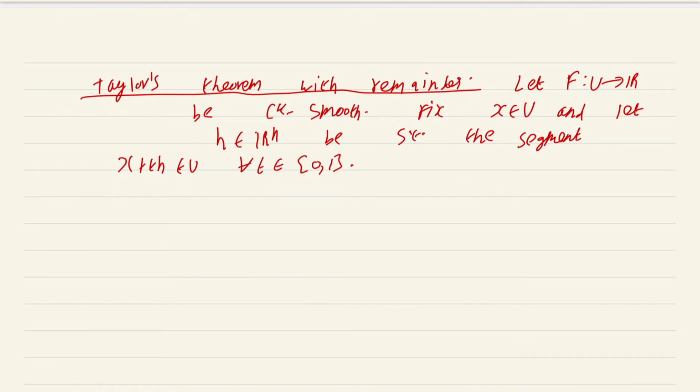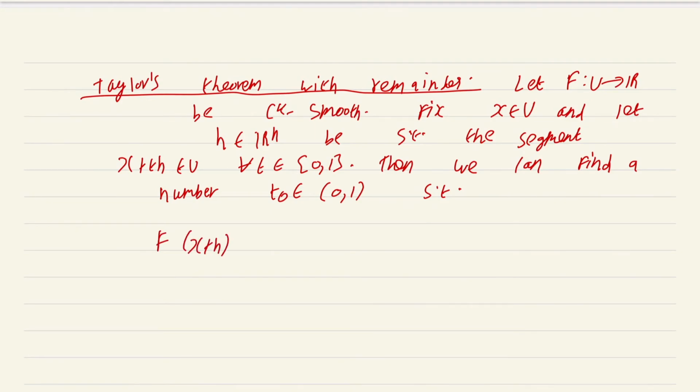Then we can find a number t_0 in (0, 1) such that f(x + h) is nothing but f(x) plus h·grad f(x) by 1 factorial.